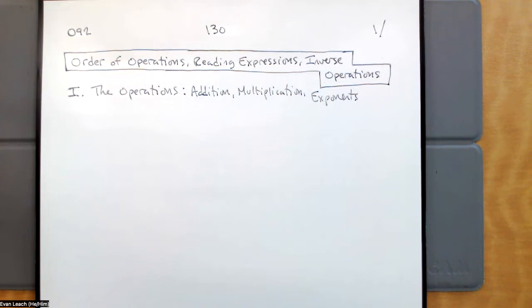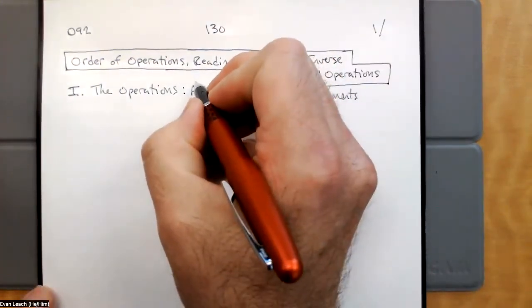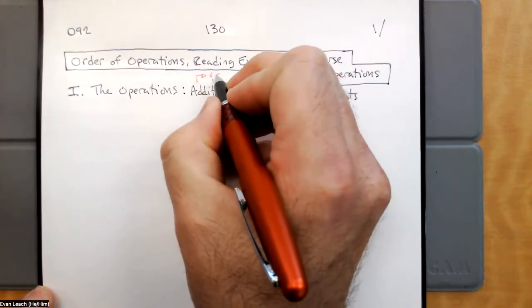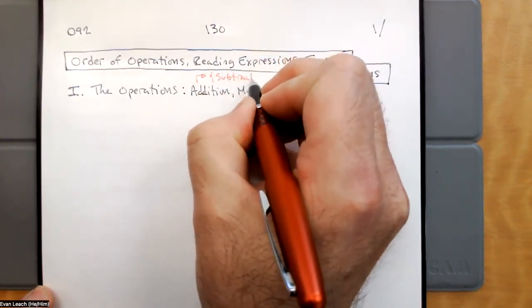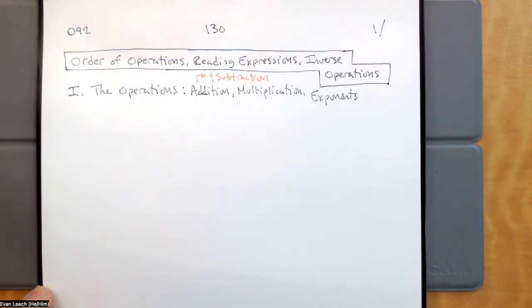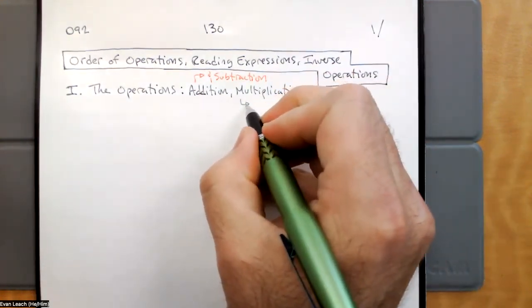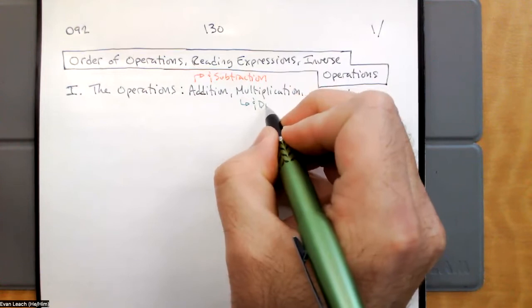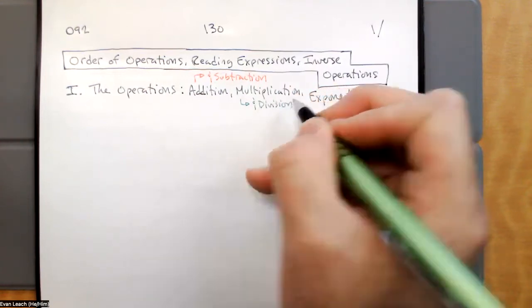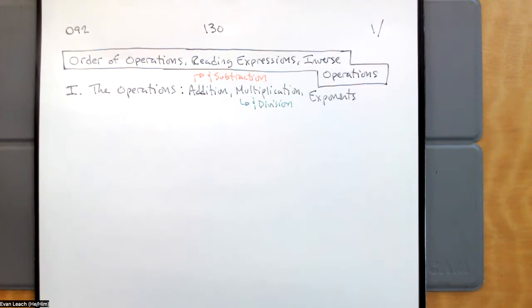Subtraction is just covered by addition. Division is covered by multiplication. So subtraction goes with addition, and division will go with multiplication. Other ones that you might be familiar with are things like square roots, radical expressions.